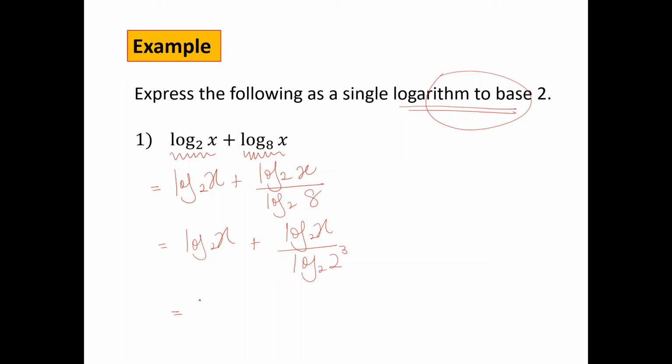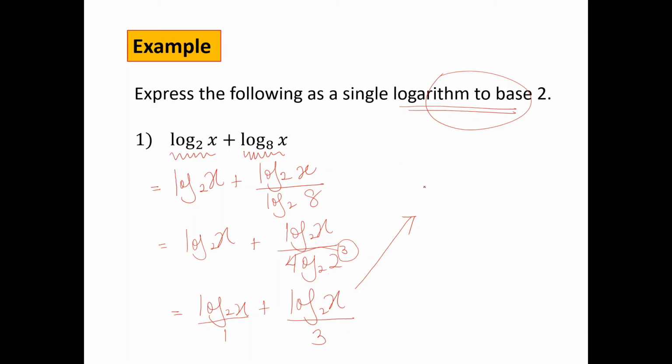So this one will become plus log x base 2 over, and 3 we can bring to the front by applying law number 3, and log 2 base 2 equals 1. So everything here will be 3 times 1 equals 3. Continue here. So now we have log x base 2 over 1 plus log x base 2 over 3.